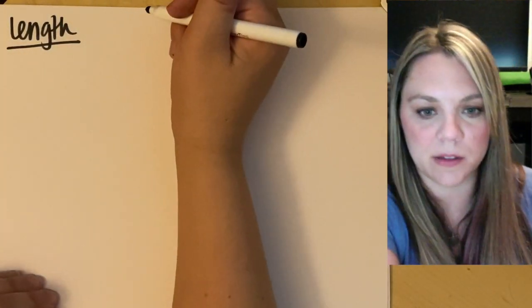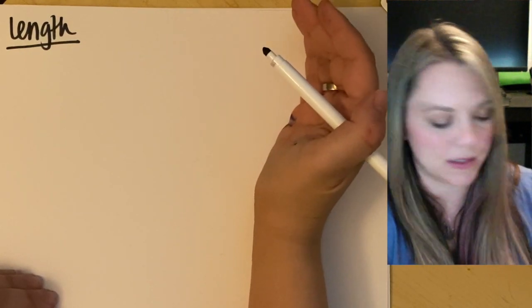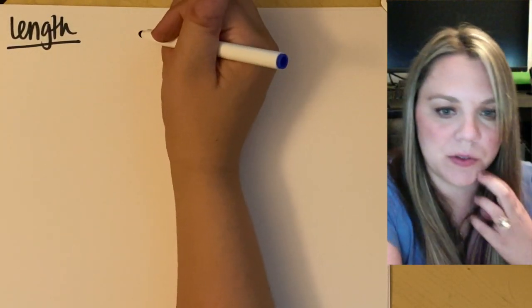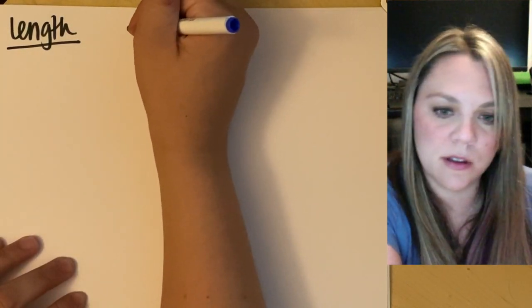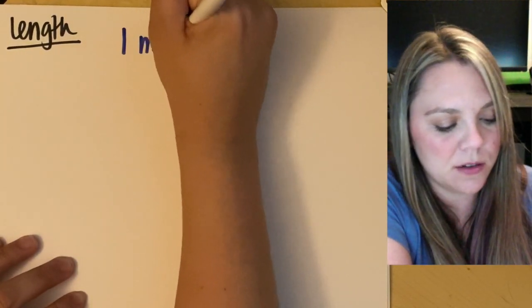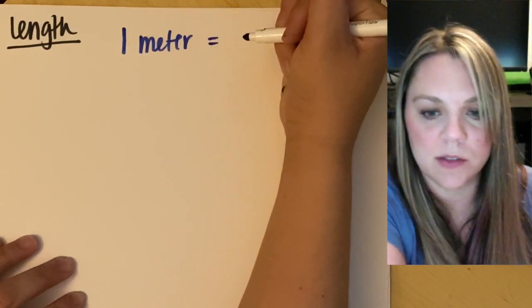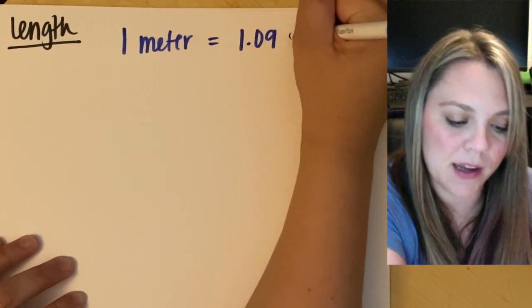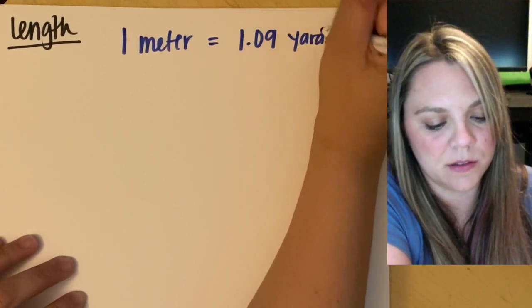Next, we can talk about length, and there are actually a couple to know. If we're talking about the metric versus English system, I want you to remember that 1 meter is going to equal 1.09 yards.